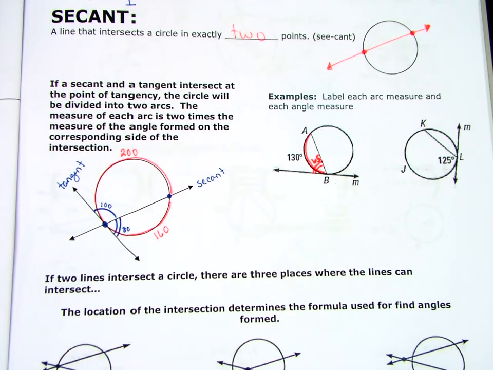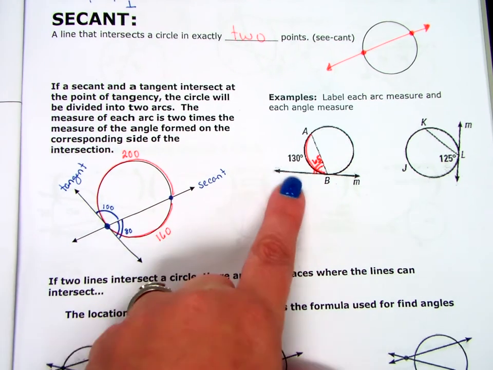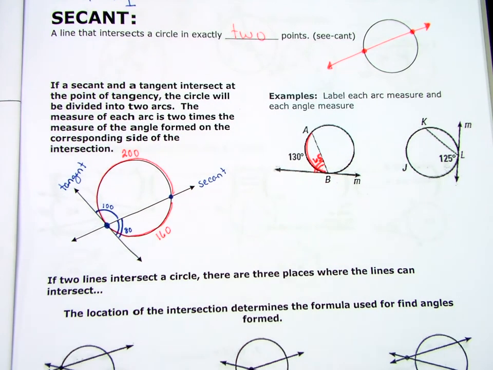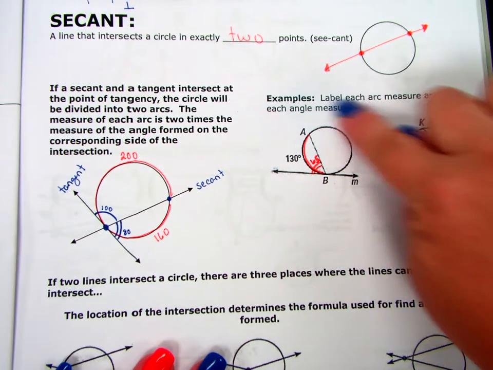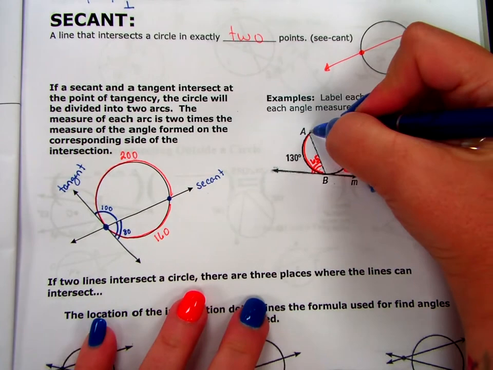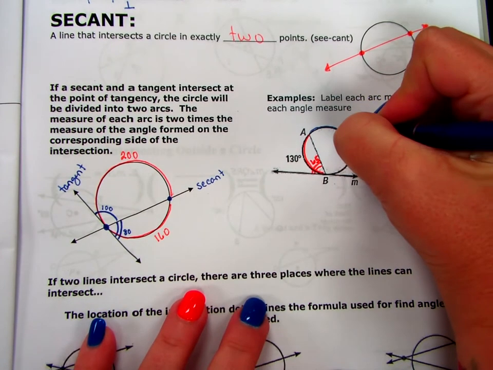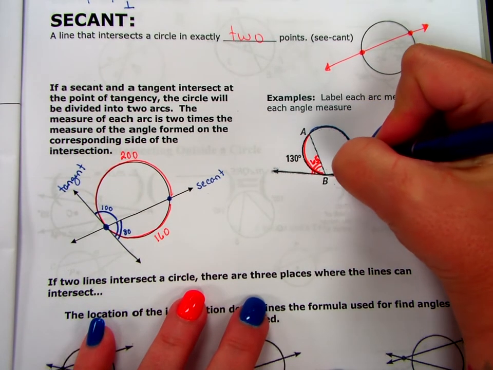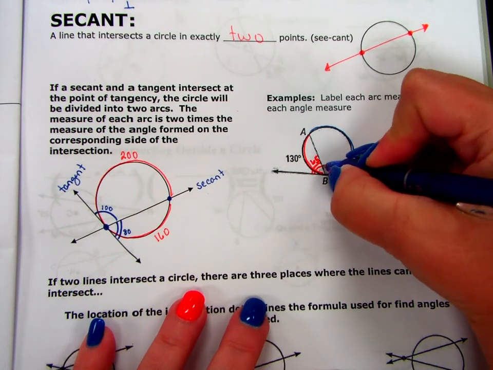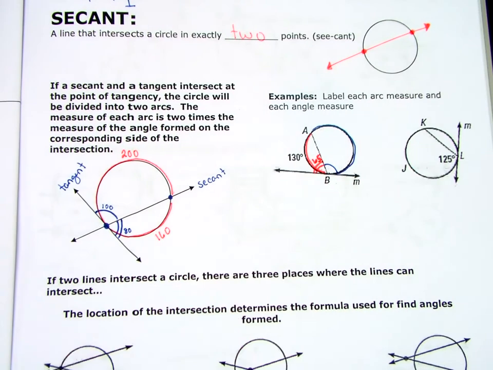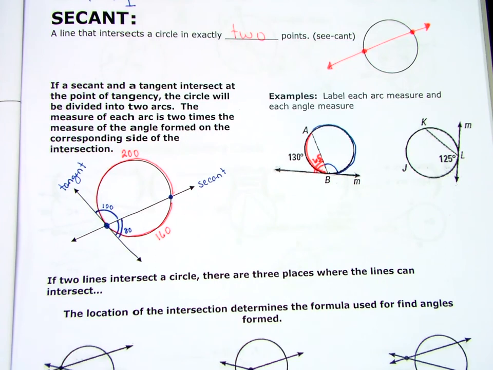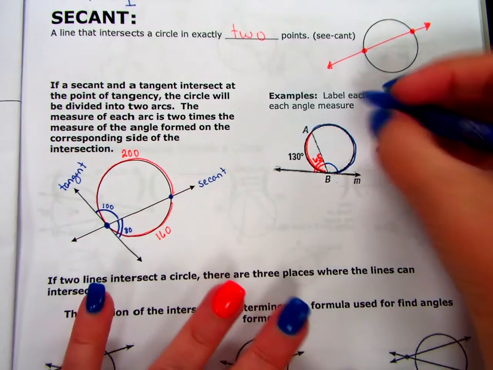So then I have 2 options to figure out the other side. I can take the 130 away from 360, the whole circle, to find this arc. Or I could say, well, I know the 65 and this angle are a linear pair, and I can take the 65 away from 180 like we did in the warm-up. Either one will work.